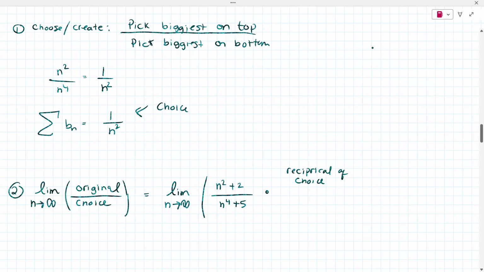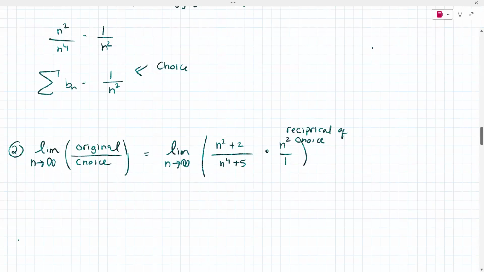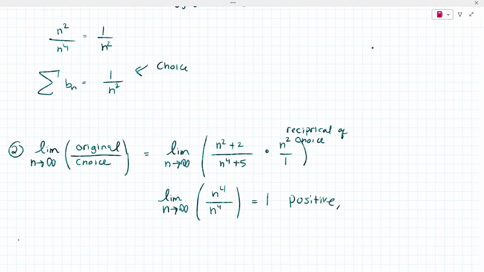Our choice was 1 over n squared, so the reciprocal of that would be n squared over 1. So when you put it all together, it would be the limit as n approaches infinity. n squared times n squared is n fourth, and on the bottom, n fourth times 1 is n fourth, which equals 1, and that is positive and a tangible number.